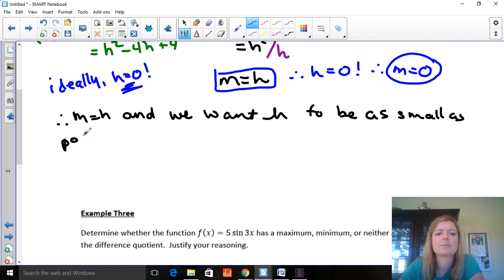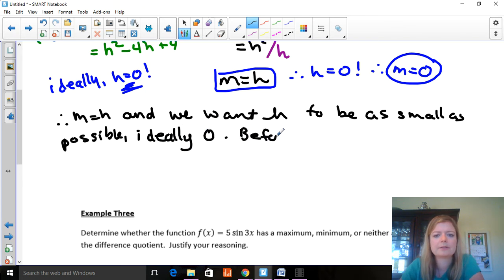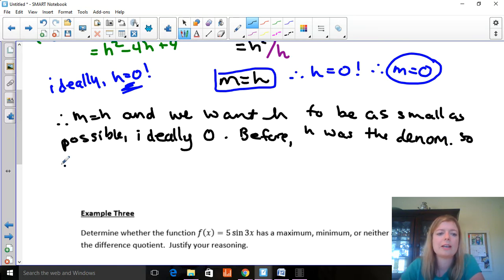As small as possible, ideally 0. Before, h was the denominator, the short form there, so h could not equal 0. And then if you need to write because you can't divide by 0, you can.